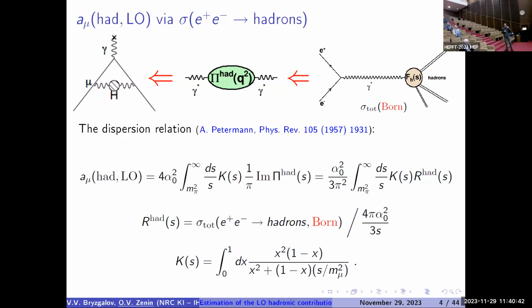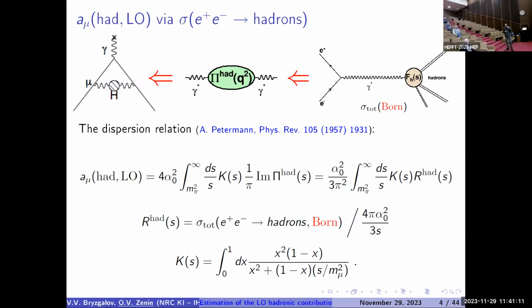So it explicitly uses the experimentally measured hadronic cross-section in Born approximation, convolved with the integration kernel shown here. Here we see that the characteristic scale is given by the muon mass.